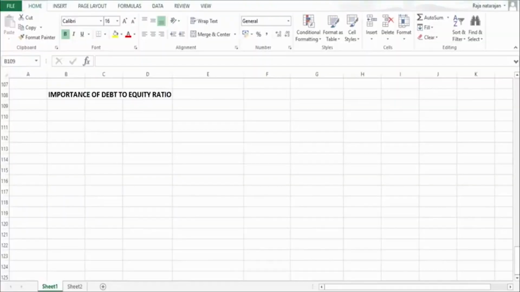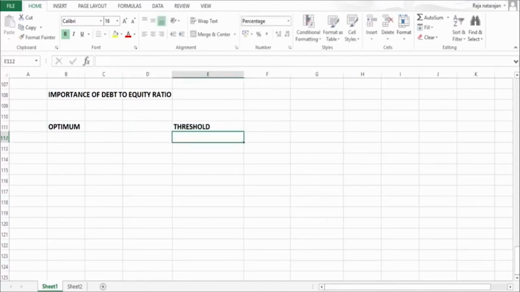Let's understand the importance of debt to equity ratio from banking angle. When we analyze this debt to equity from banking angle, we have to divide this ratio into two. One is the optimum ratio and the other one is threshold ratio.